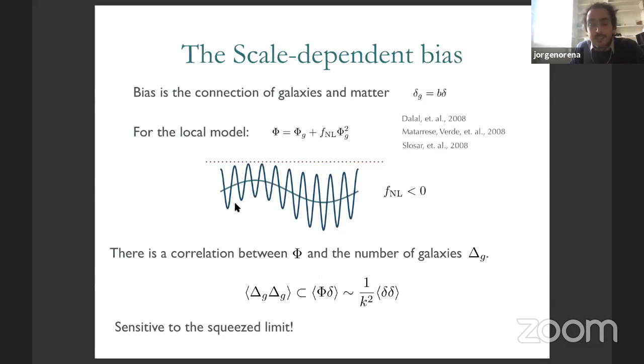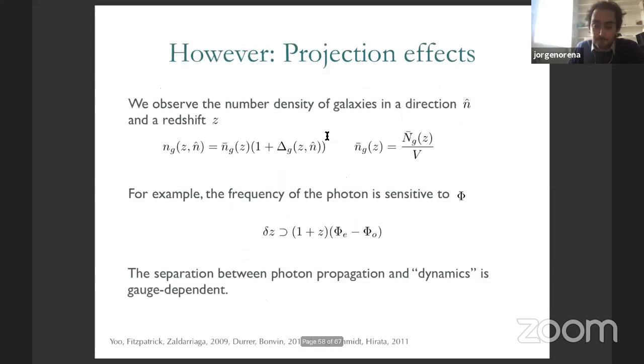Moreover, this is sensitive to the squeezed limit because it's precisely the coupling between a long wavelength mode and short wavelength mode. So people are already using this to obtain constraints on local FNL, which are starting to be competitive with the ones of Planck.